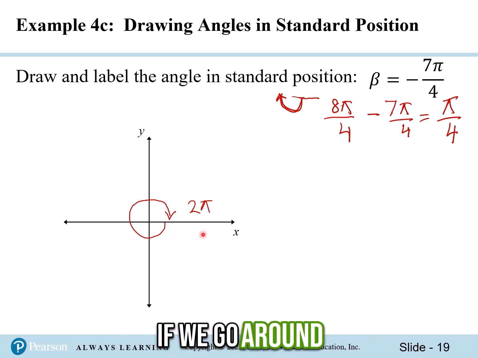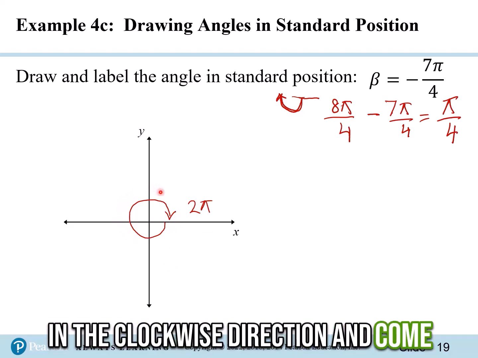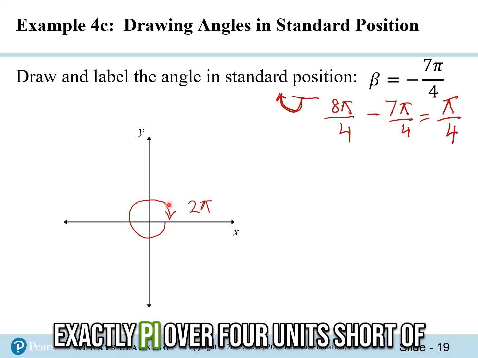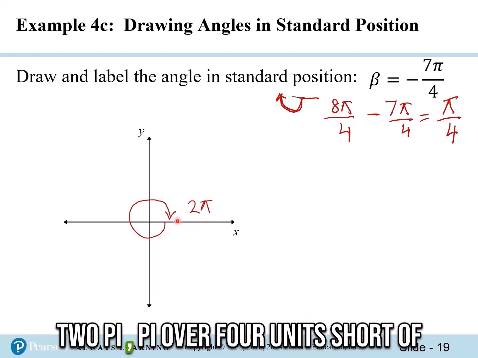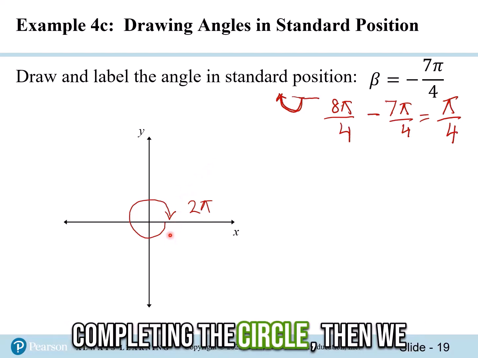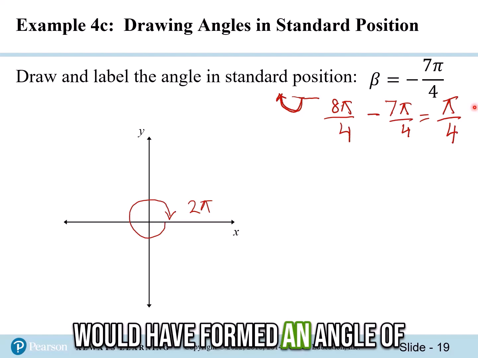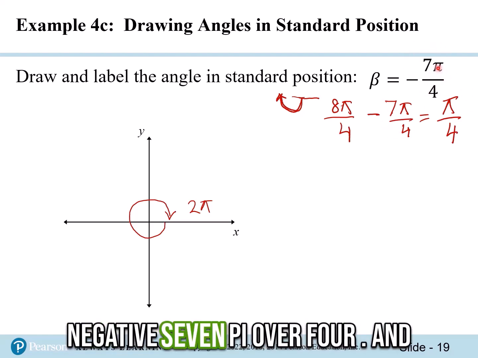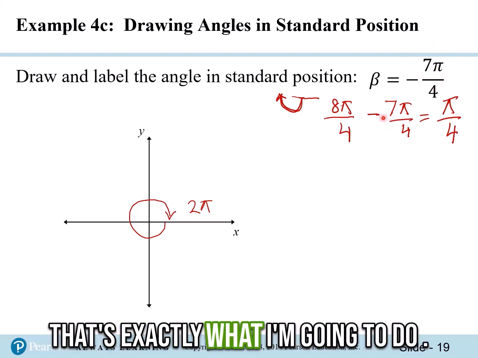So if we go around in the clockwise direction and come to a stop exactly pi over 4 units short of completing the circle, then we would have formed an angle of negative 7 pi over 4. And that's exactly what I'm going to do.